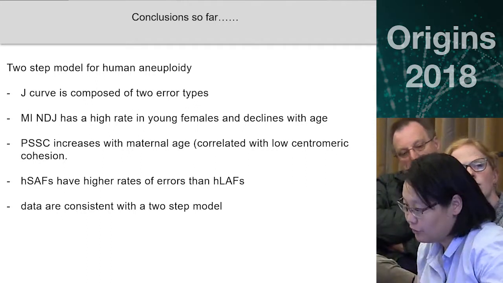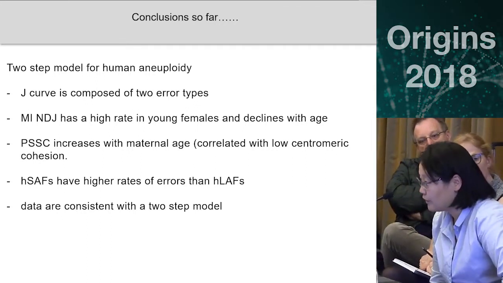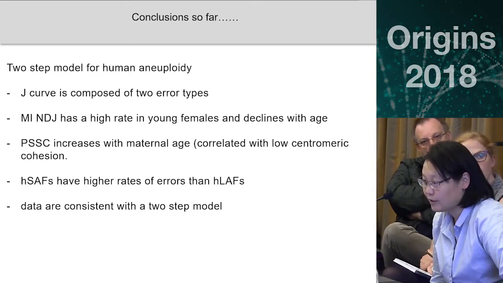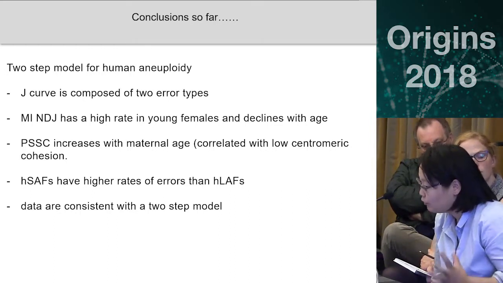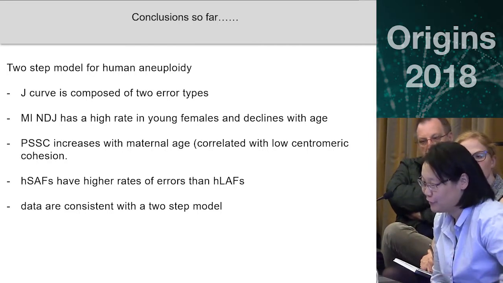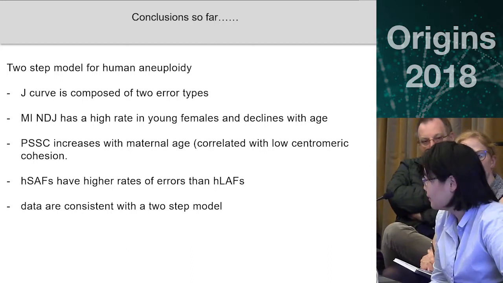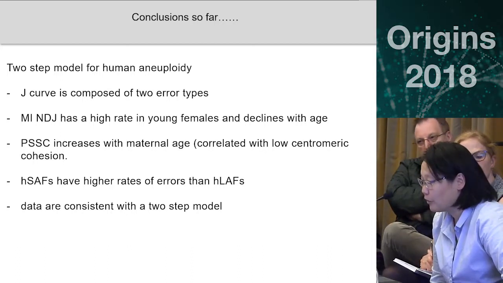We're also seeing, as I showed you in the last slide, that the large ones may indicate that perhaps there is some selection going on with respect to how eggs and follicles progress in the ovary, but it's very difficult to say, within the limitation of having an in vitro system. But the data so far at least appear to be consistent with the two-step model that we have in the field.